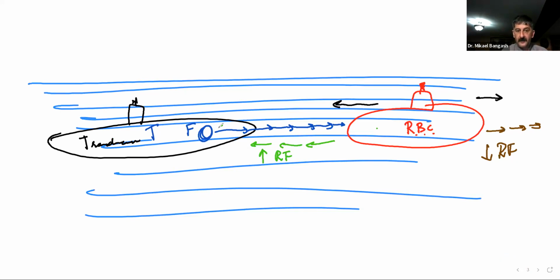The frequency at which they transmitted, and if they start getting reflections back at a higher frequency, what they would assume is that this dude here is moving towards us.